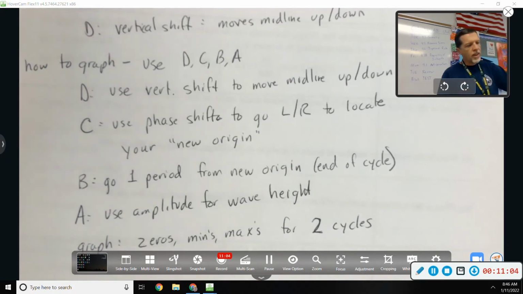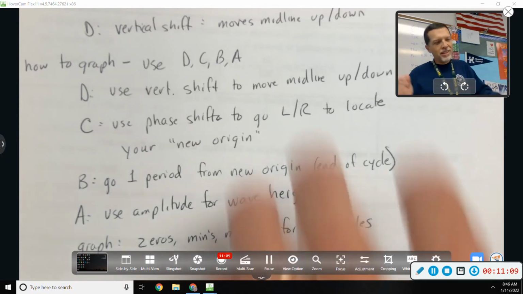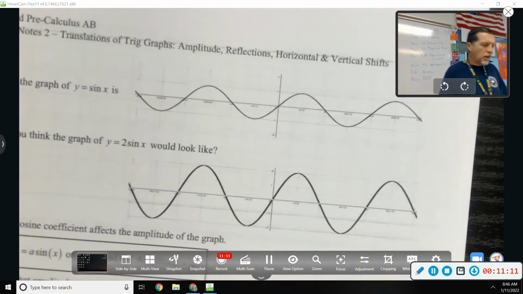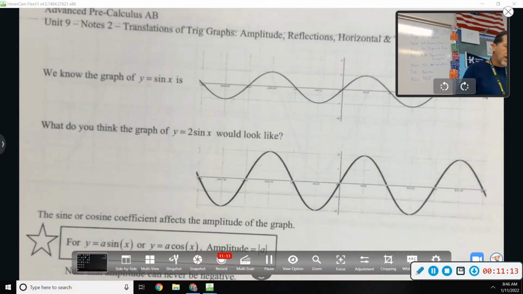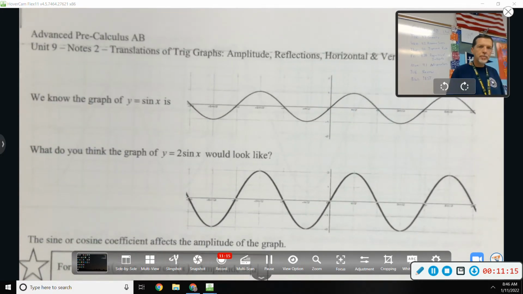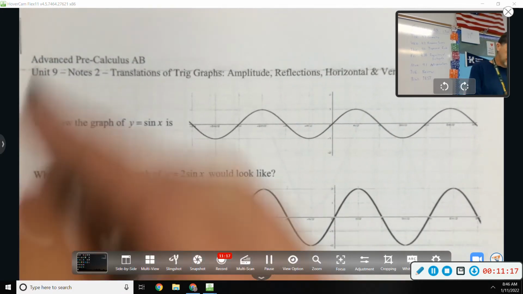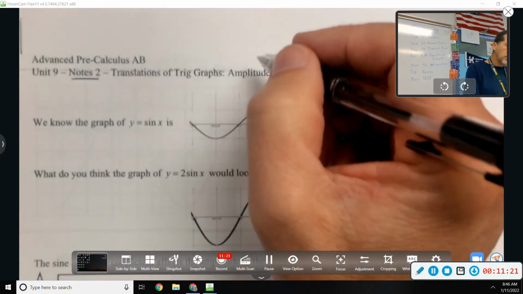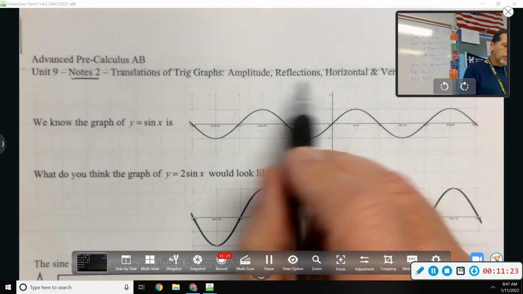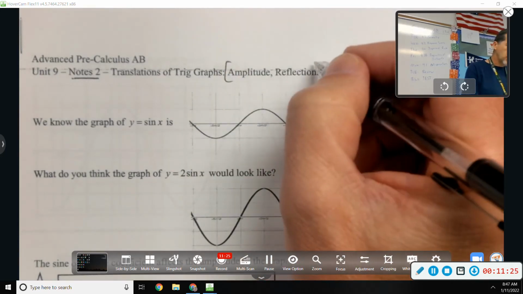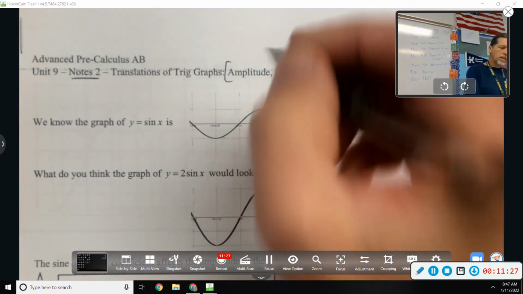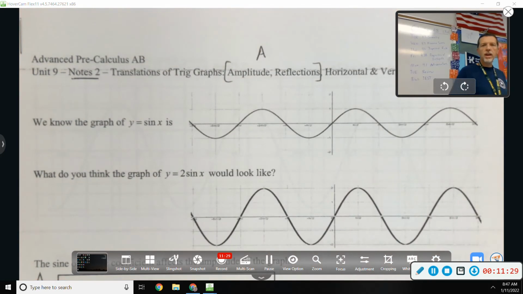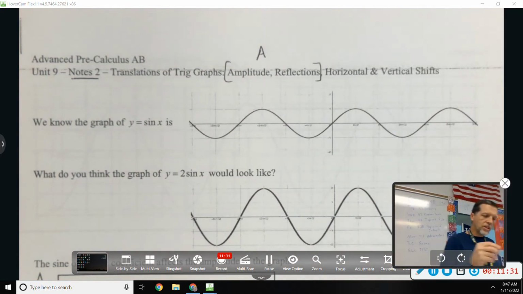All right, so if you understood everything I just said, you'd be fine for the test. But that's a long way away. So let's flip it over and look a little more in depth at Notes 2, translation of trig graphs, amplitude. Reflection sort of goes with amplitude. That's A. Horizontal and vertical shift.